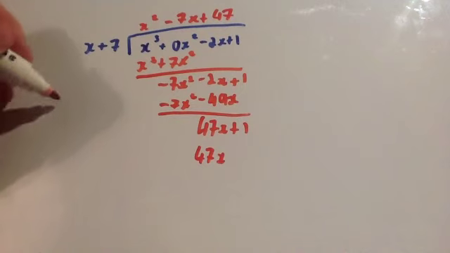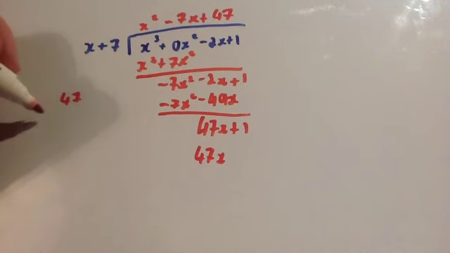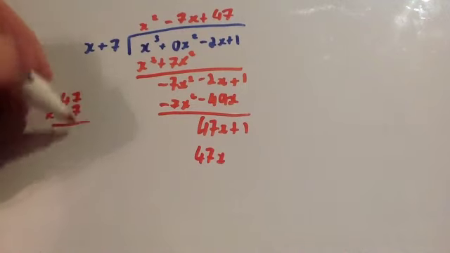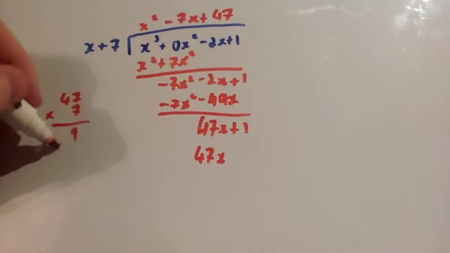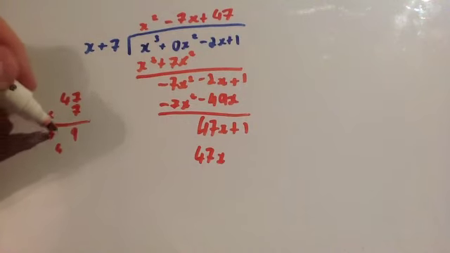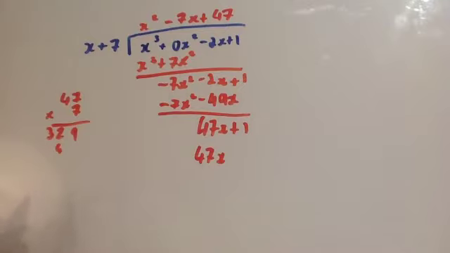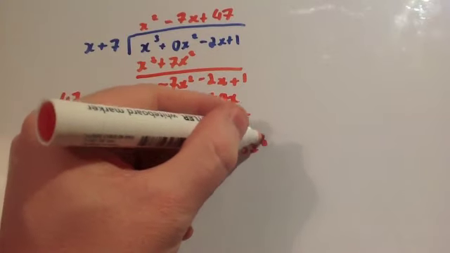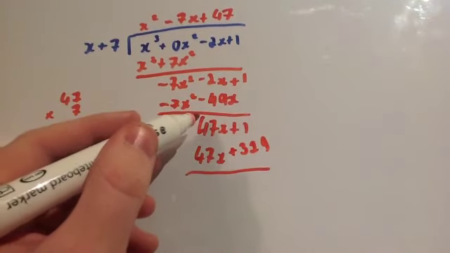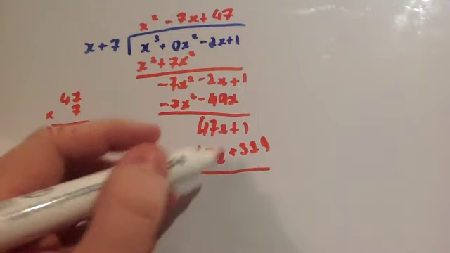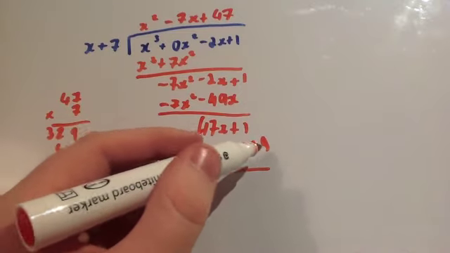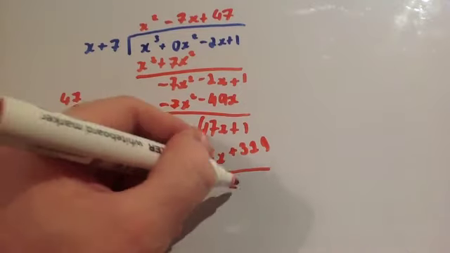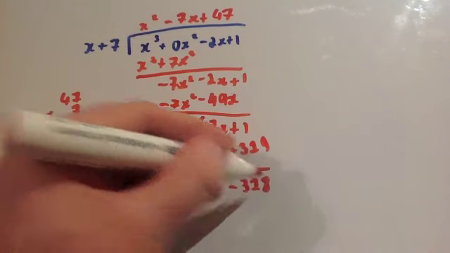Let's just do a bit of quick multiplication. 47 times 7 is 329. So it's then going to be plus 329. And we'll take them away from each other. So 47x take away 47x, 0. 1 take away 329 would then be minus 328.